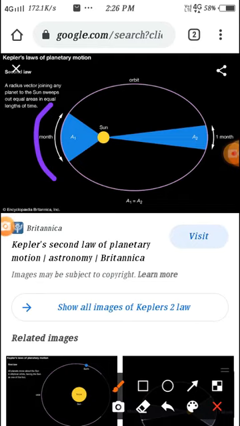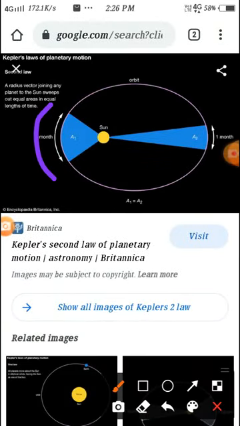This is Kepler's second law. Simply, this law gives the relation between the orbital speed of the planet and its distance from the sun. This is the second law, that is the areal law.